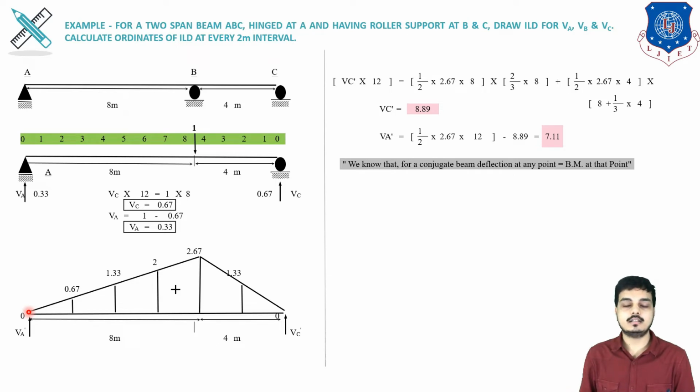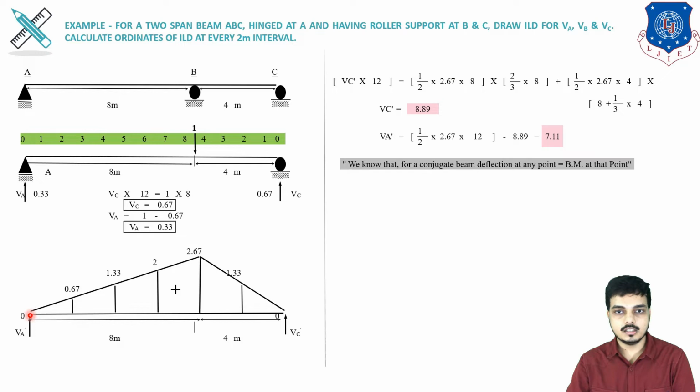So I have divided the entire triangle into two parts. The first part is this one, from 0 to the 2.67 ordinate at 8 meters, and another part is from 2.67 till here, this point at 4 meters. The first triangle is of 8 meters and the second part is of 4 meters. So look, how to find? We just have to multiply area with CG. While standing over here, area of this is 1/2 into 8 into 2.67.